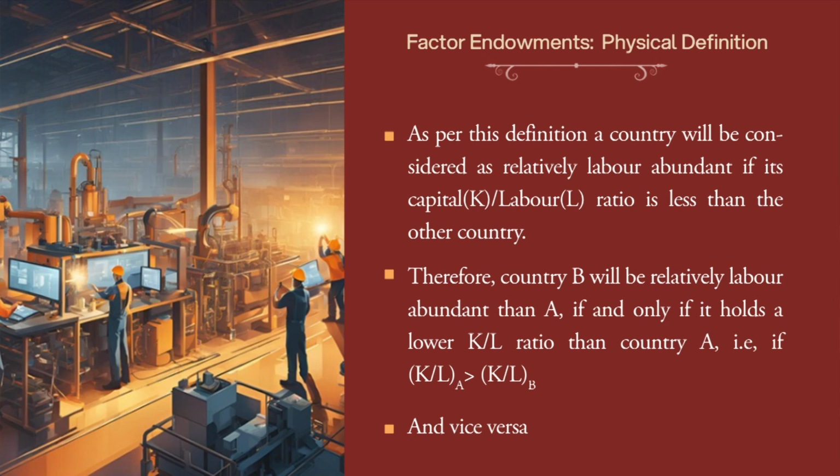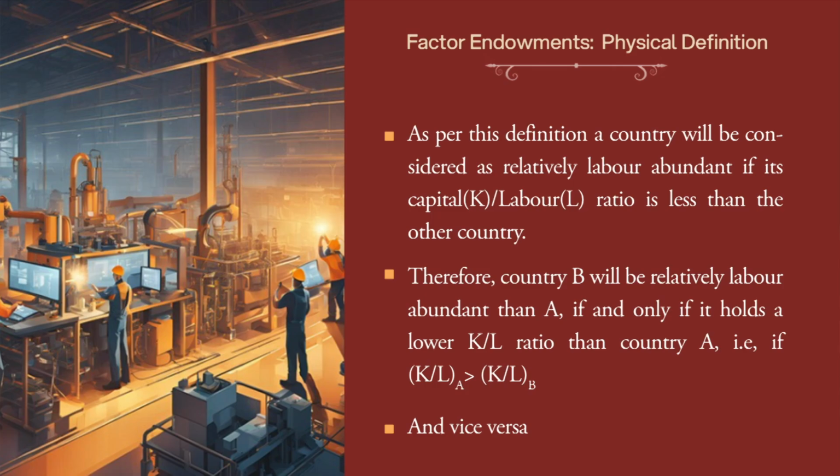The other country, by assumption, is a capital abundant country, and in comparison, this labor abundant country has a low capital to labor ratio. So country B will be relatively labor abundant than A if and only if it has a lower capital to labor ratio than country A.